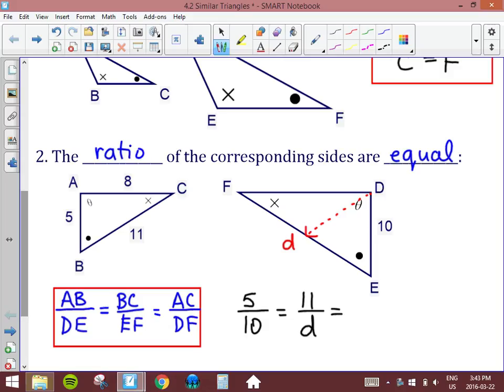For the third pair of sides, side AC is 8 units long, and side DF, again, I don't have a letter there, so across from DF is angle E. I can see that it's pointing over here at DF, so I can call that side little e.